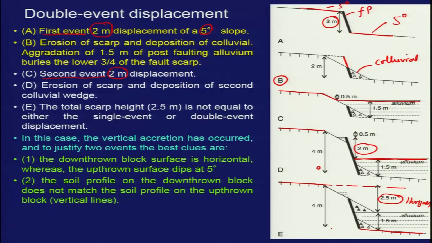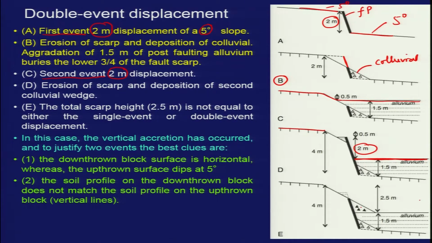Now, if we measure between these two, then we have 4 meters, but when we measure between this surface and this one it is 2.5 meters or so. This type of exercise helps us identify that probably it was not a single event, but this total scarp of 4 meters is because of a cumulative event.